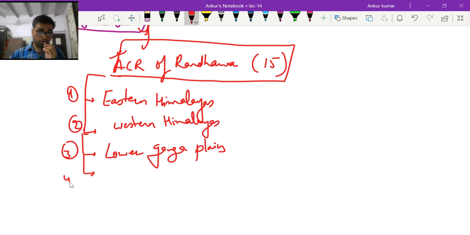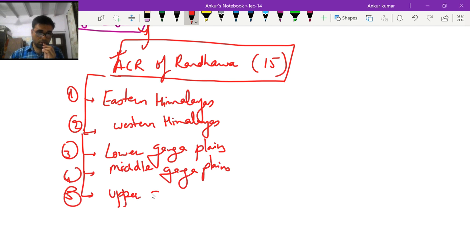The fourth one is the Middle Ganga Plains. The fifth one is the Upper Ganga Plains. The sixth one is the Trans Ganga Plains.